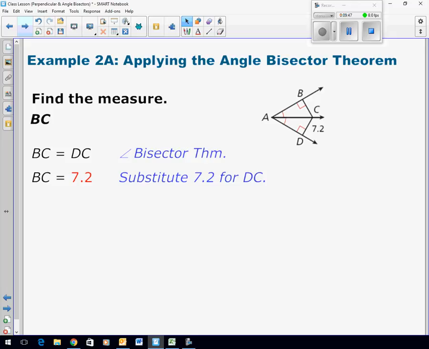How do we apply this theorem? Okay, find the measure. If I was trying to find the measure of BC here, okay, let's see how we would do it, guys. Is AC the angle bisector of BAD? How do you know?